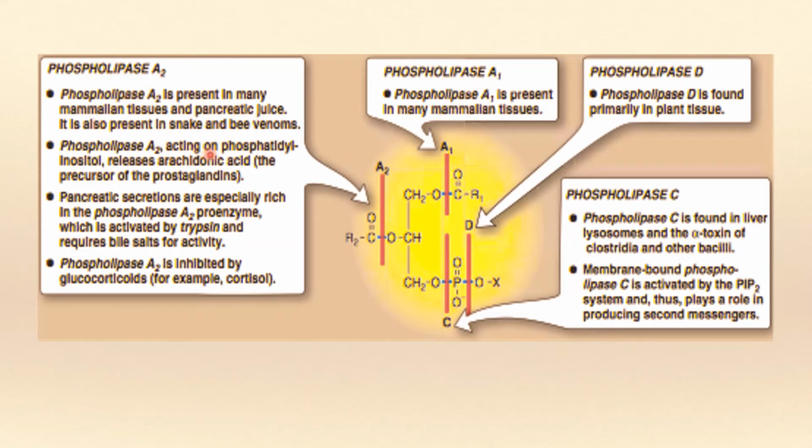This phospholipase A2 is very specific because it releases the fatty acid at C2 position, releasing the lysophospholipid and free fatty acid. Now, the significance of this enzyme is that it is found in the pancreatic juice, and it is present in different cells also, because most phospholipids, very commonly phosphatidylinositol, at C2 position contain the unsaturated fatty acids.